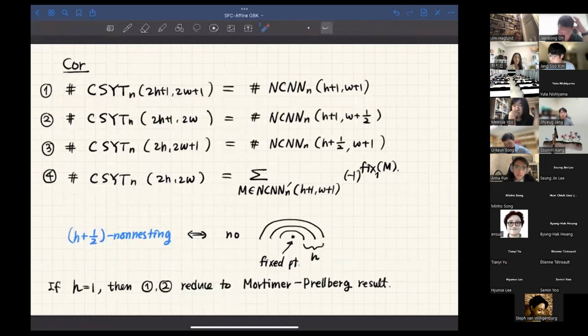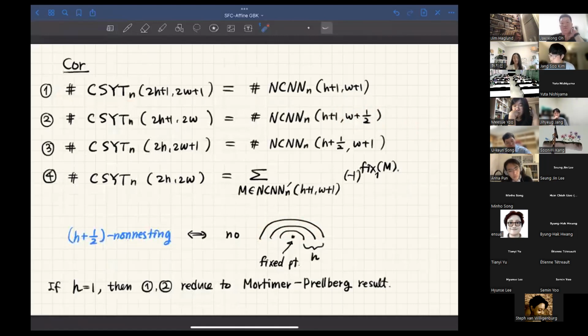By the way, if you look at this, we have W plus half, non-crossing or non-nesting, but this half means that instead of looking at this arc, we also include a fixed point like this. The technical definition is omitted, but the idea is like that.